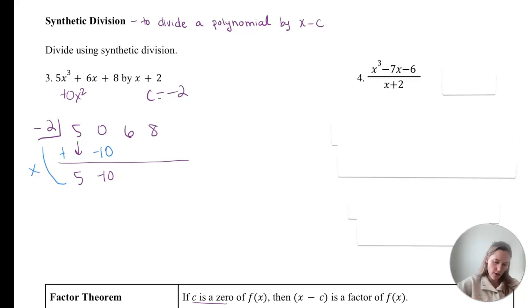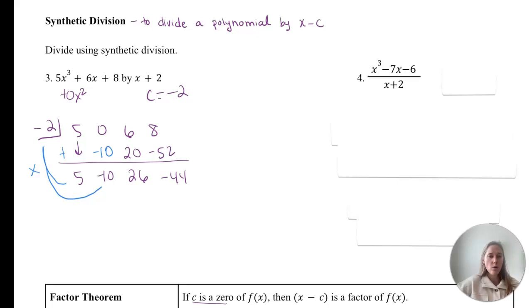All right, and now we do it again. So we're going negative 2 times negative 10. And that's a positive 20. Add, we get 26. Multiply again, we get negative 52. 8 plus negative 52 is negative 44.